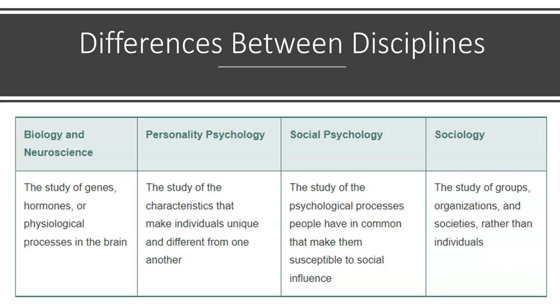Sociology is that big picture approach, looking at groups, organizations, societies rather than individuals. And then social psychology, which we're studying here, we're looking at the ways in which social influence can impact individual thoughts, feelings, and actions when we're in a social context.